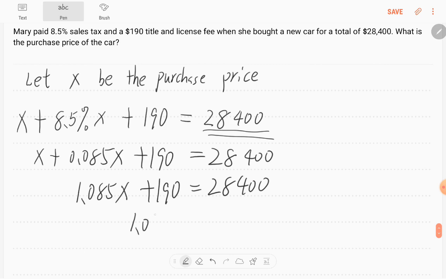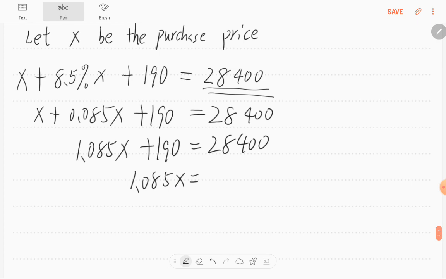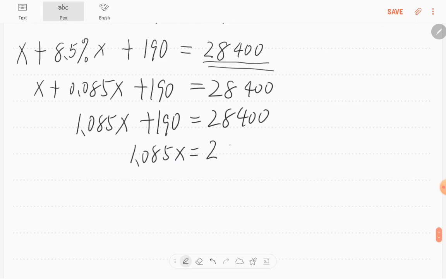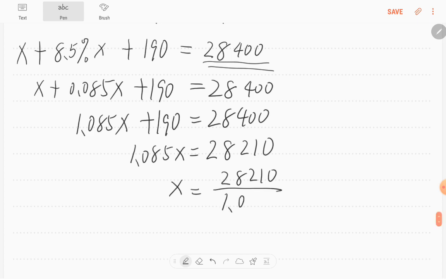So 1.085x equals, we subtract 190, we will have 28,210. So it's equal to 28,210 divided by 1.085. Then you can use your calculator.